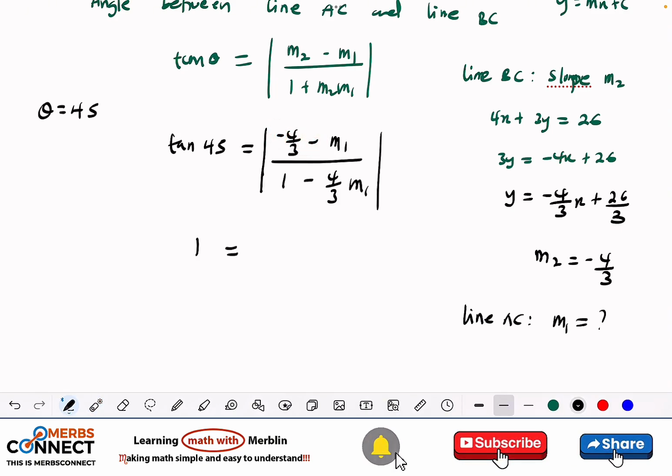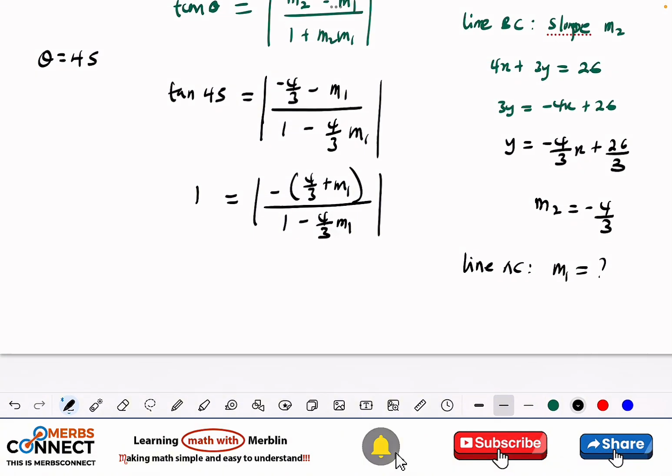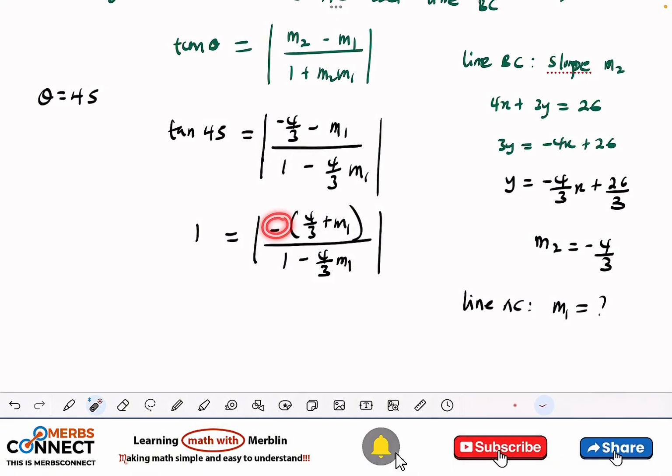So I'm going to have minus 4 over 3 plus M1 divided by 1 minus 4 over 3 M1, absolute. So the absolute will take care of the minus here, right? So this is going to be 1 is equal to, now when I multiply these two slopes together, it will be less than this.